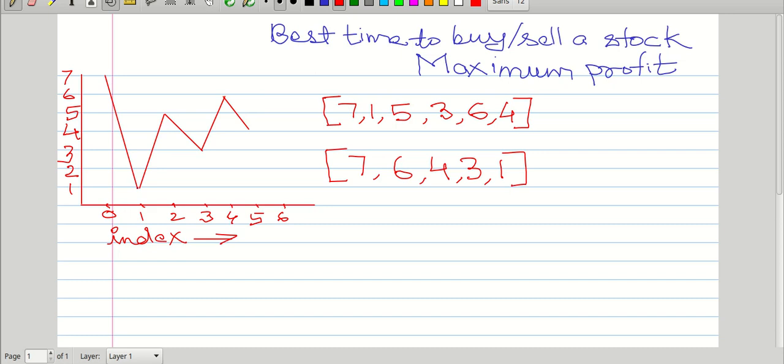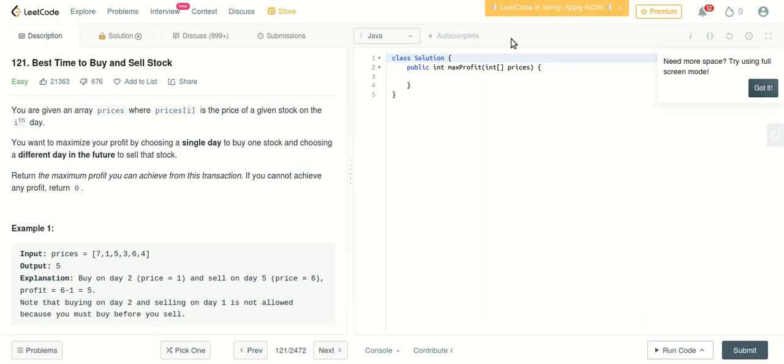So we would like to buy at the minima, and we would like to sell at the maxima at a later price. So what is the intuition here? The intuition is that we would iterate through once, and we will try to figure out what's the maximum till that moment, and we will figure out the maximum profit.